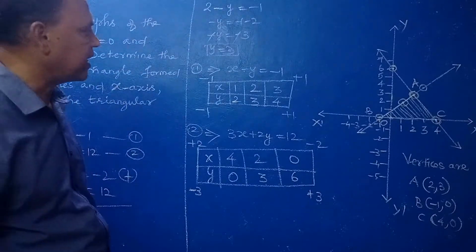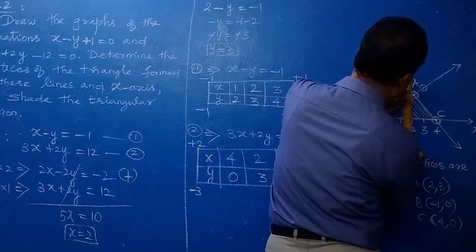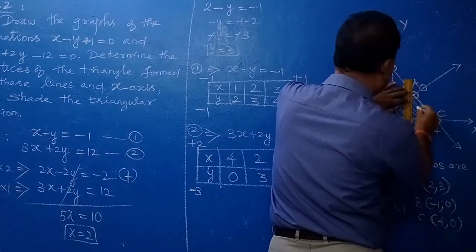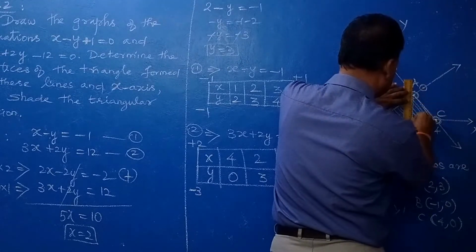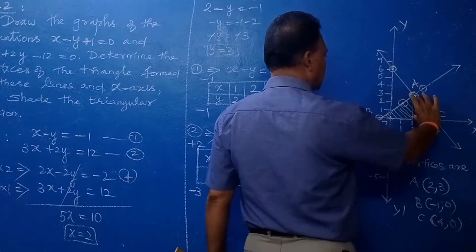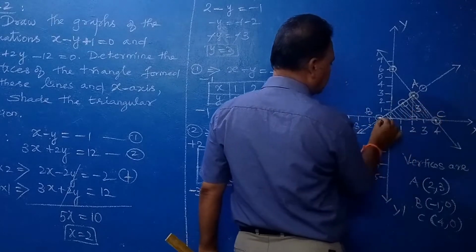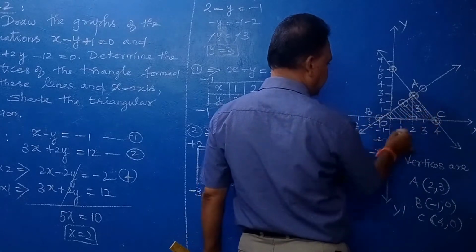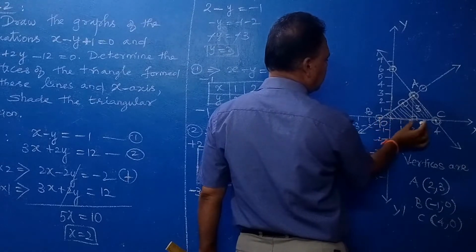Find out the area of the triangle. So what you have to do: from vertex A, you draw a perpendicular line. This is how much? 3 centimeter, the distance is 3. This is the height. The base is 1, 2, 3, 4, 5.